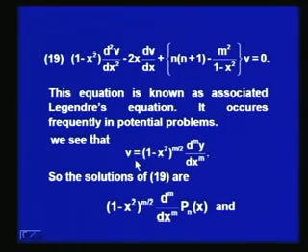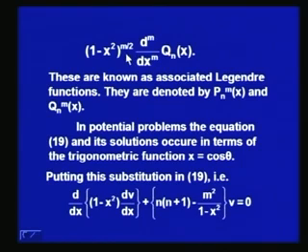And now, we see that v is equal to 1 minus x square raised to the power m by 2 into u, and u is d^m y over dx^m. So, v is equal to 1 minus x square to the power m by 2 d^m y over dx^m, and therefore, the solutions of the equation 19 are 1 minus x square to the power m by 2 d^m over dx^m Pn x and 1 minus x square to the power m by 2 d^m over dx^m Qn x.